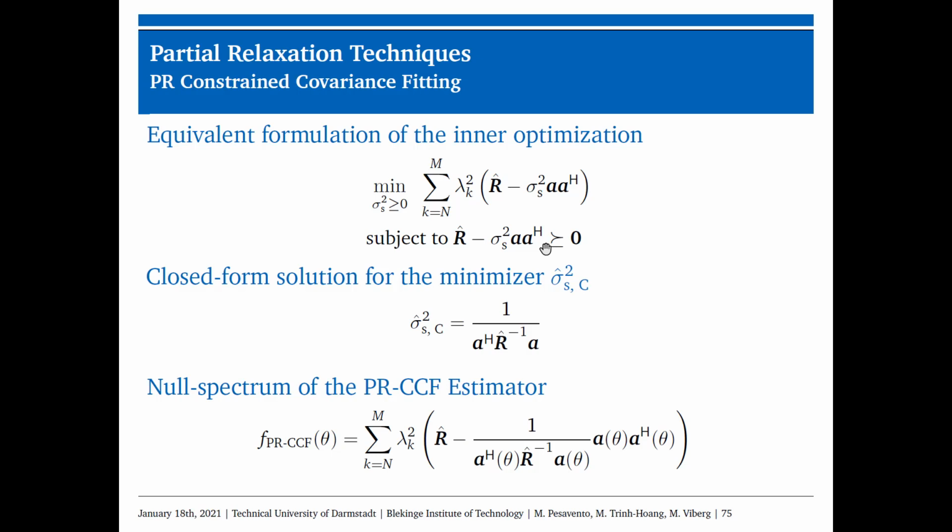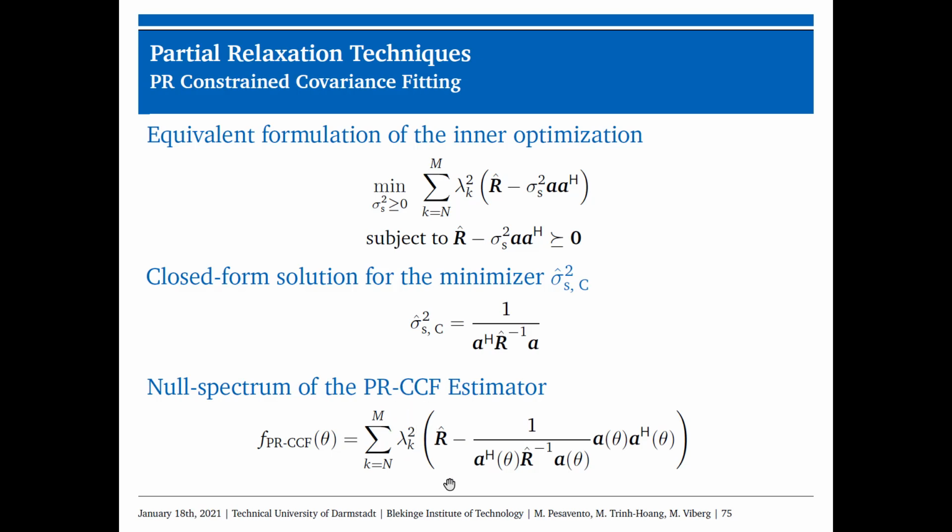Thanks to the PSD constraint, this optimization problem with respect to sigma s squared admits a closed-form minimizer, which is, interestingly, the Capon beamformer that we obtained before. As a result, the null spectrum of the PRCCF estimator is computed as the sum of the squared eigenvalues.